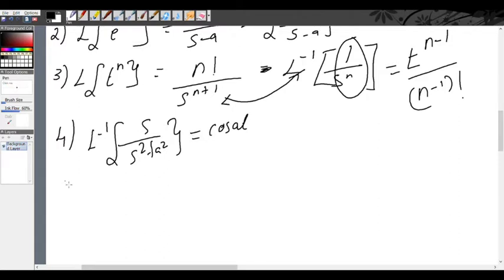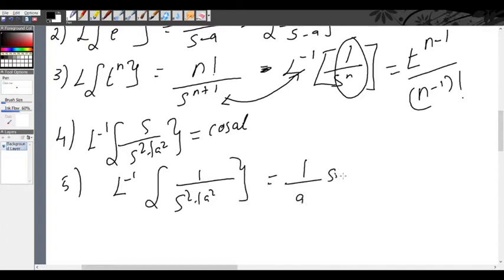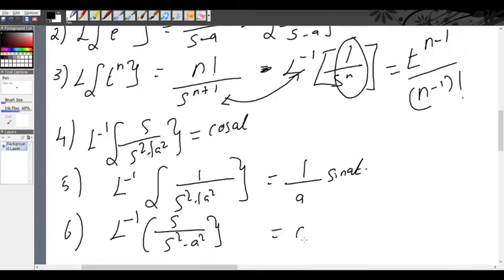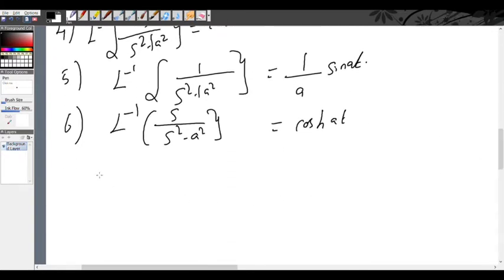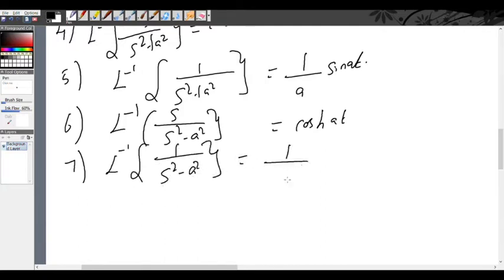Fifth: L inverse of 1 by s square plus a square is nothing but 1 by a into sin at. Sixth: L inverse of s by s square minus a square is cos hyperbolic at, or cosh at. Seventh: L inverse of 1 by s square minus a square is nothing but 1 by a sinh at.